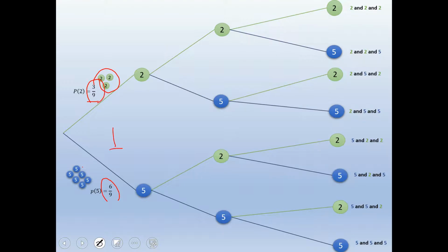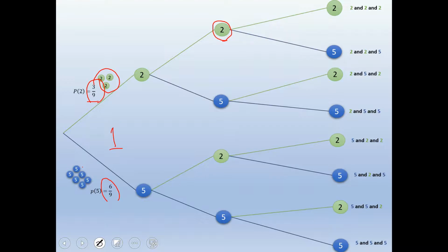Since we mentioned earlier the selection is without replacement, it means that when our friend selects the first counter, he doesn't put it back in the bag before selecting the second counter. Now let's see the probability of selecting 2 in the second trial.